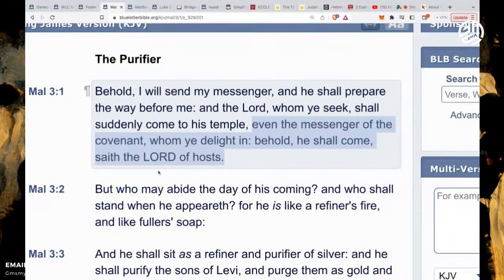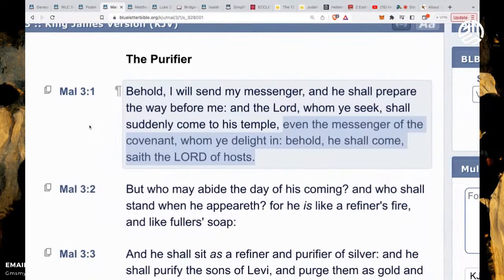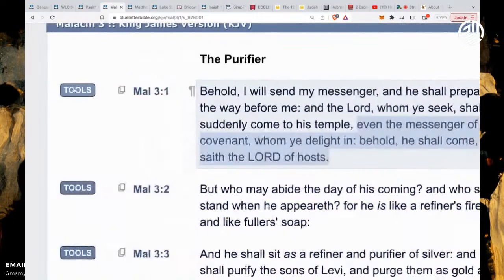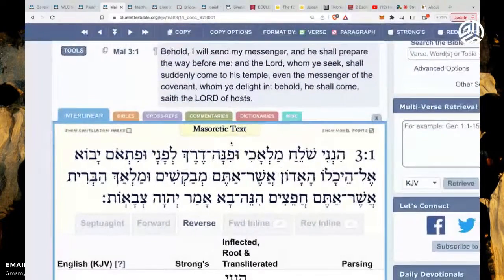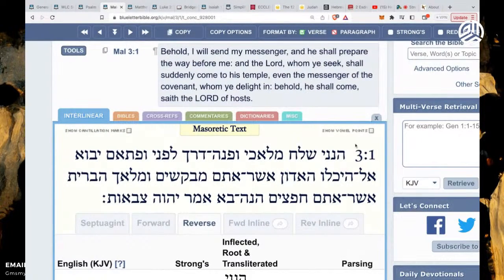Let's say you just want to see if you can learn Hebrew, and then you just click a random verse, like this, for example, Malachi 3:1. You're looking at all of these letters and all of these words, and you have no idea where to start, because you have to understand first the root words. Each of these words you see here has a root word.